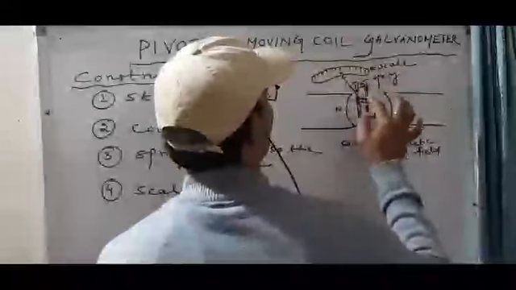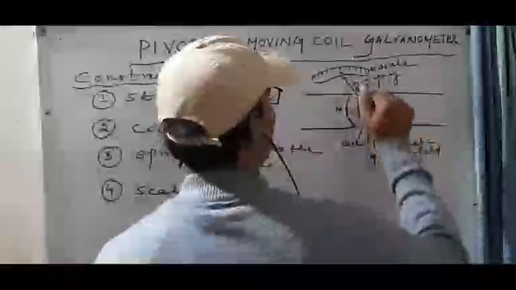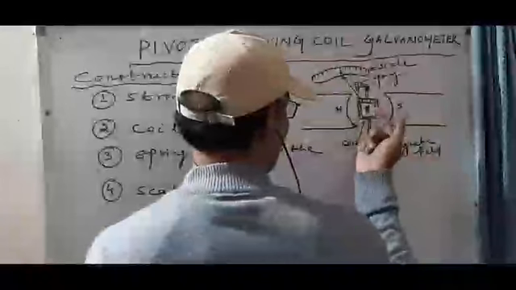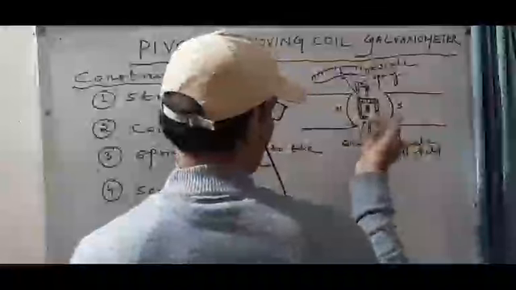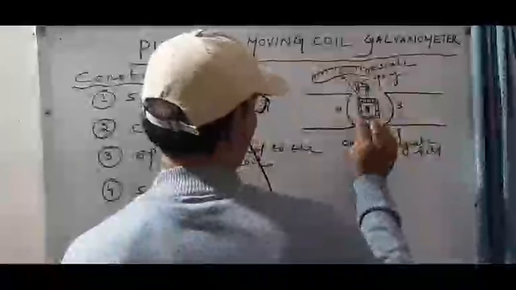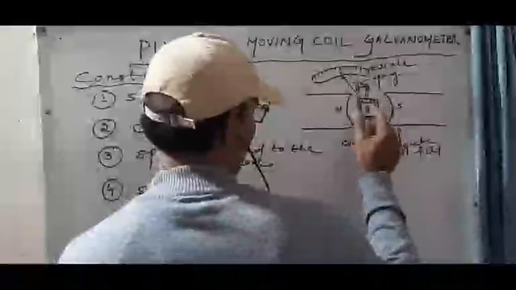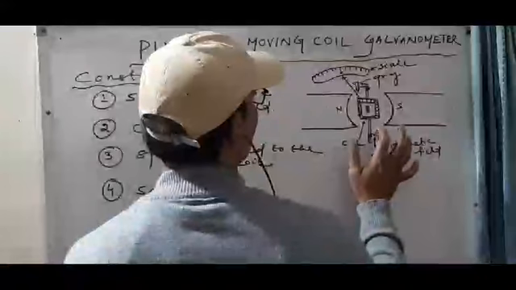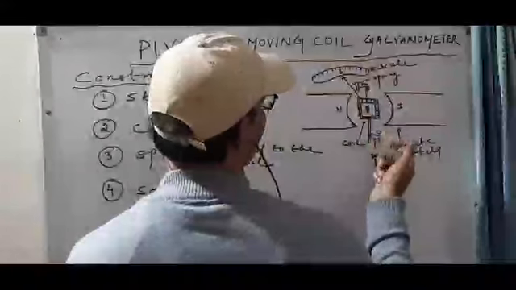Here are the two nails, all of you see here, and when it rotates like this, in this way or in this way, then what happens? The spring gets contracted.